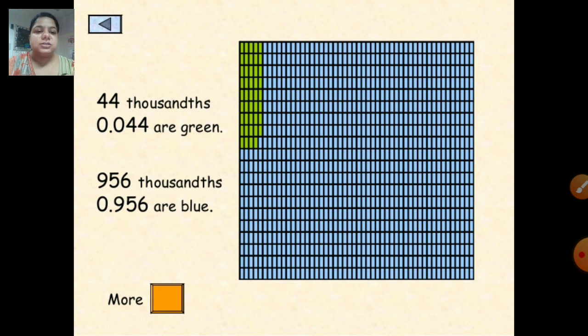And 956 thousandths will make 9 tenths, 5 hundredths and 6 thousandths, so it will become 0.956. So 0.956 are blue here.